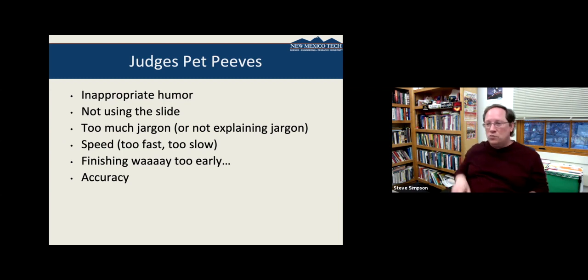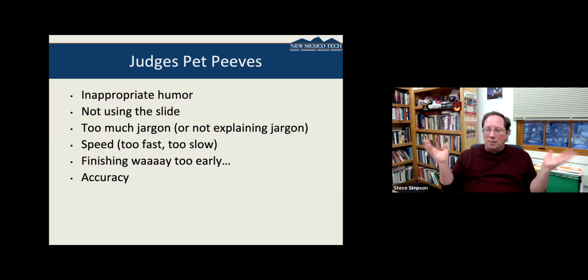And actually, this is one of those things in the past when the judges have been deliberating, and let's say the top 2 are really clear, but number 3 and number 4 are really close to each other, and they're debating which one makes the top 3? A lot of times they'll go back to the slide. Did they have something that was really engaging and useful, and did they use it in their talk?